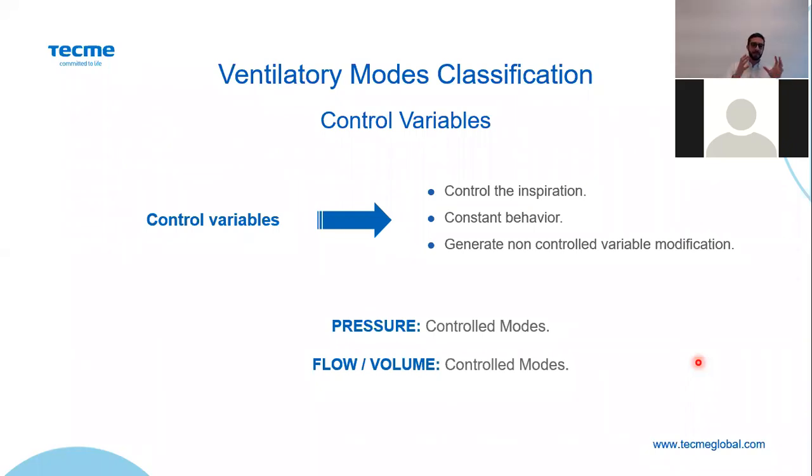So you have this control variable, and during all the inspiration you will always know the behavior of this variable. The main variables that you can control are pressure, flow, or volume.